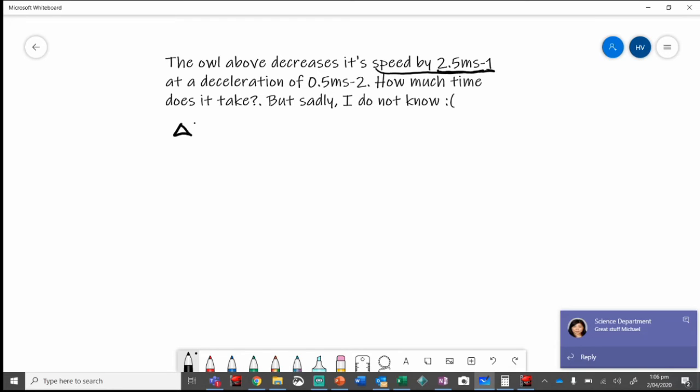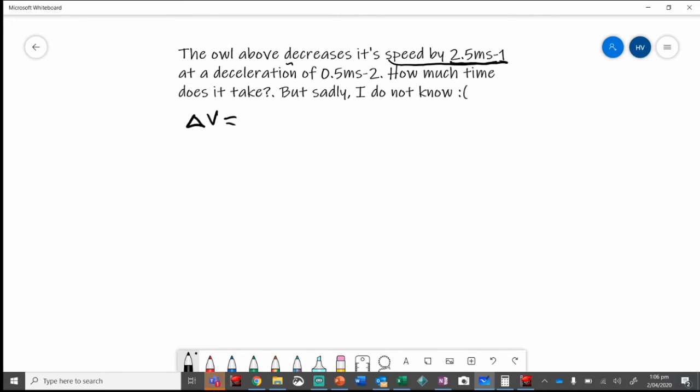Delta V equals minus 2.5 meters per second, because it decreases its speed, guys, and the change is your final speed minus your initial speed.